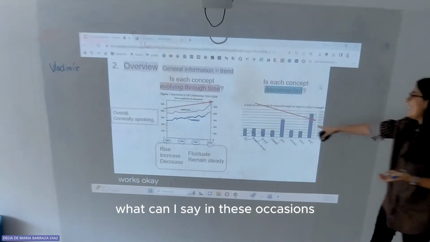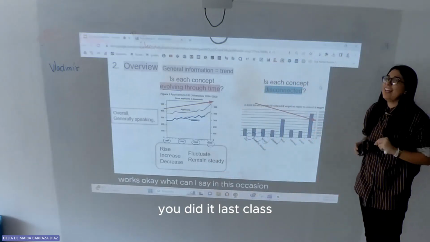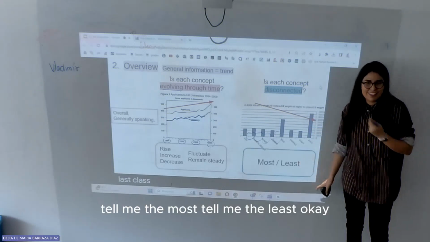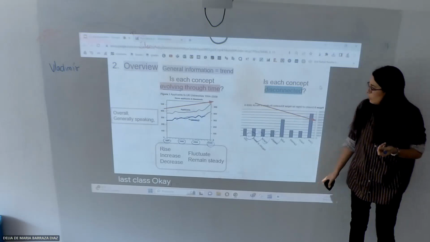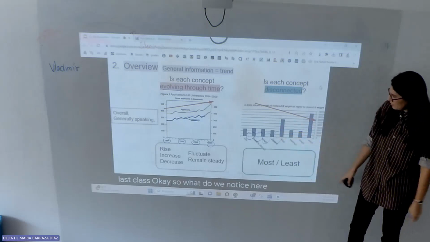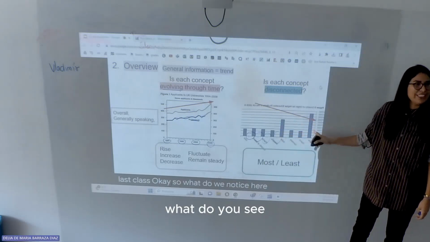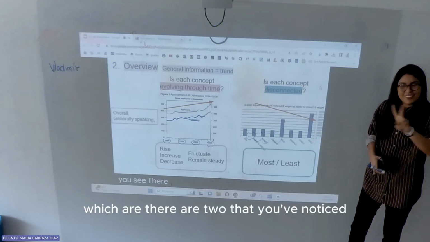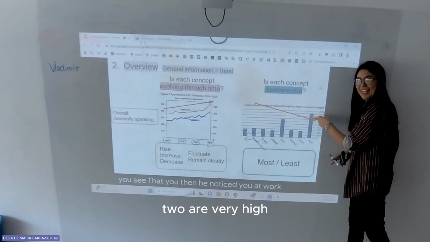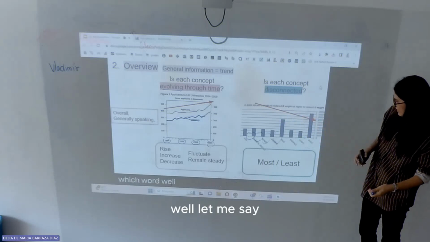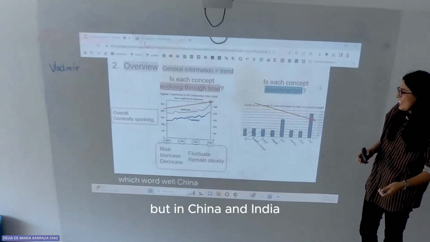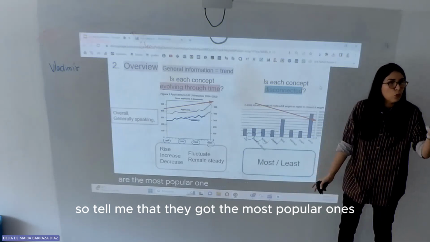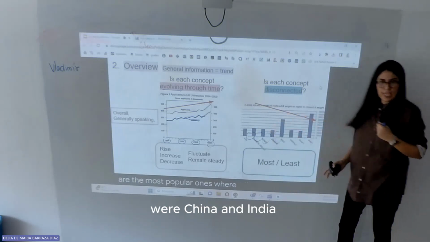Okay? What can I say on these occasions? You did it last class. Tell me the most, tell me the least. So what do we notice here? What do you see? There are two that are very high, which were, let me say, China and India. So tell me that the most popular ones were China and India.